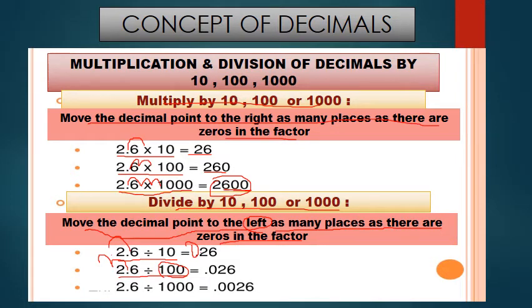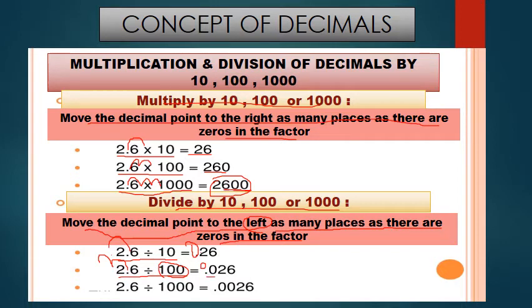So the answer we will get is 0.026. As no digit is left on that side of the decimal point, we put 0 as a placeholder.